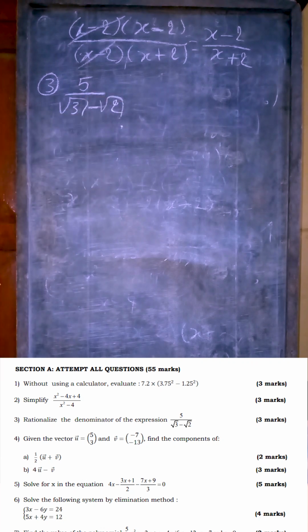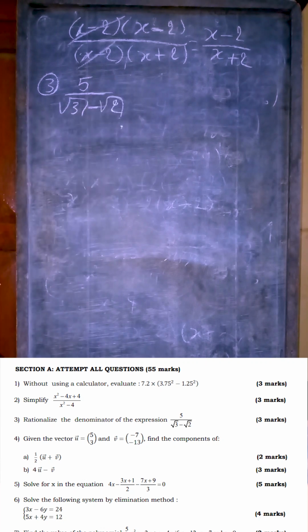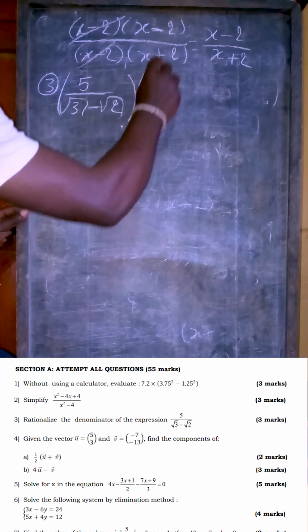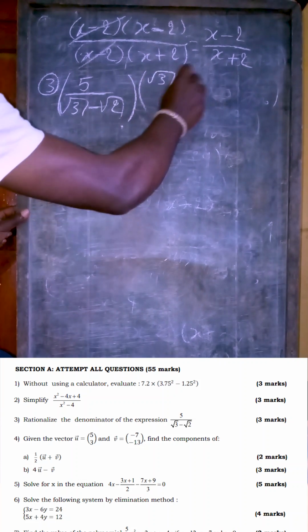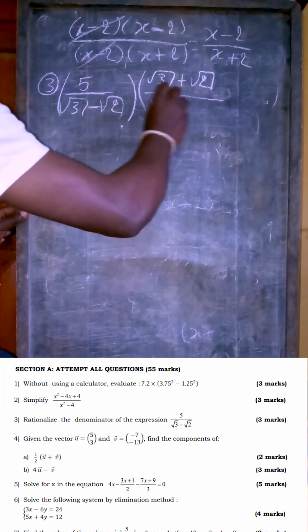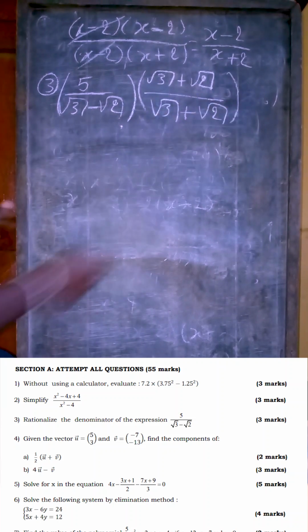And we know that to rationalize the denominator, we multiply the numerator and the denominator by the conjugate of the denominator. By multiplying it will be square root of 3 plus square root of 2, because it is the conjugate, over square root of 3 plus the square root of 2.